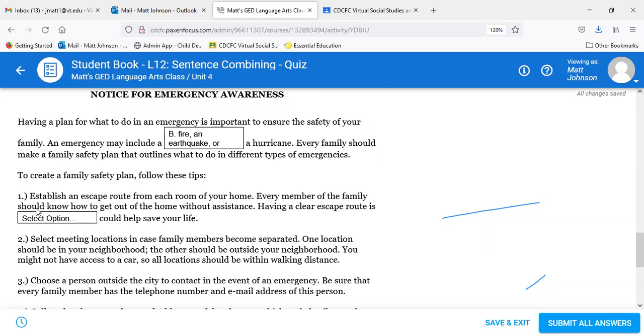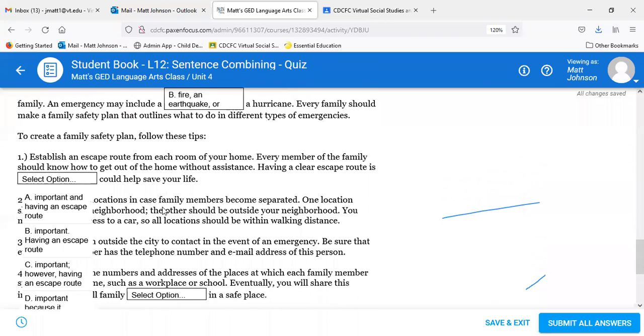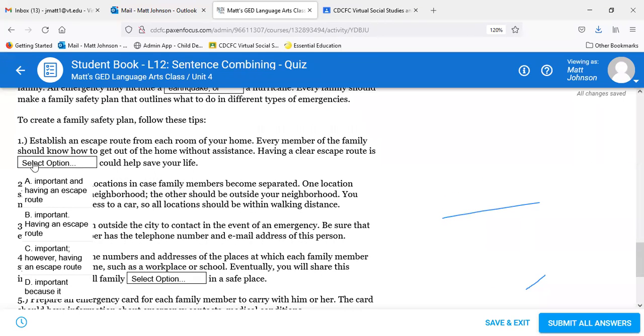Establish an escape route from each room of your home. Every member of the family should know how to get out of the home without assistance. Having a clear escape route is blank, could help save your life. Nilda, let's try that one.